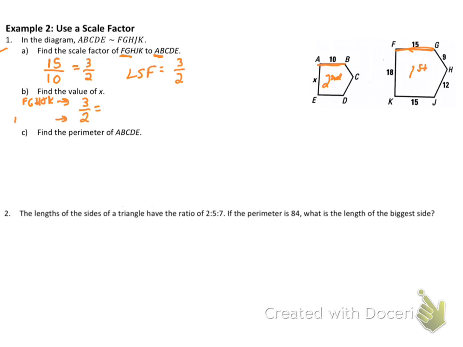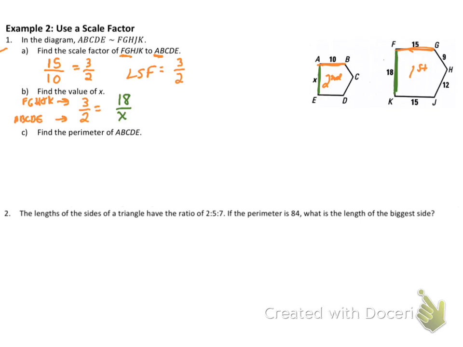On the bottom, that 2 belongs to ABCDE. So if I want to solve for x, right now x is AE, which belongs to my second figure. So that x is going to go on the bottom because it belongs to ABCDE. And then its corresponding part over in the other figure is 18. So 18 is going to go on top.